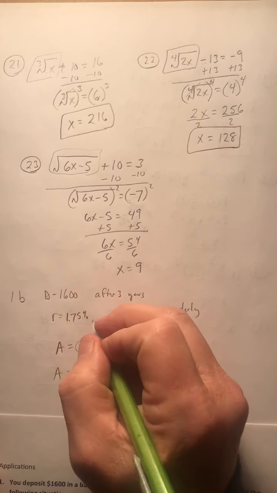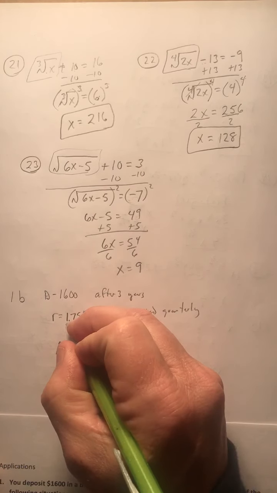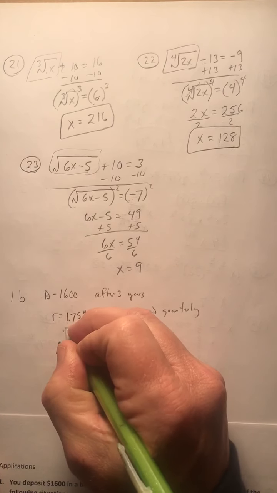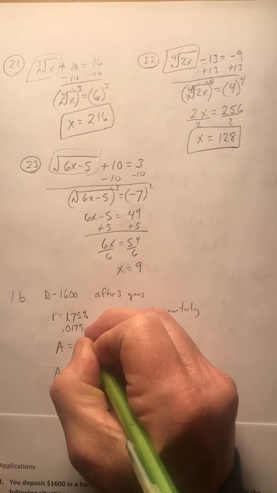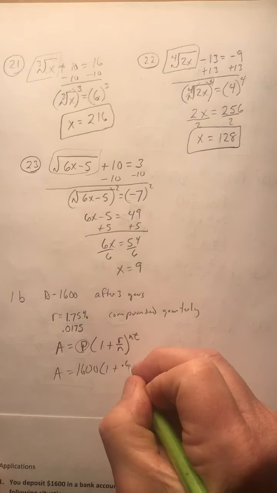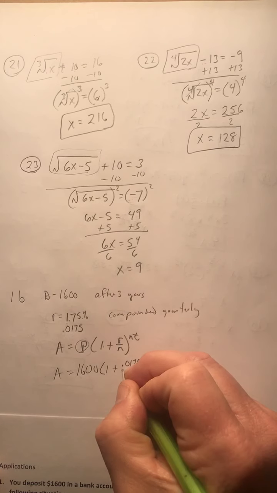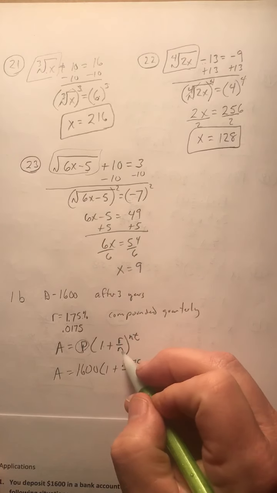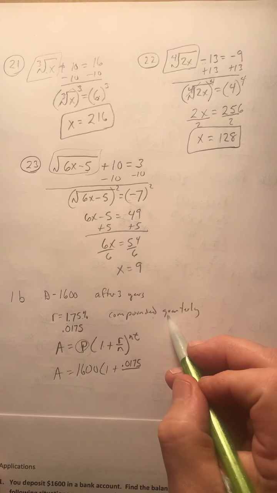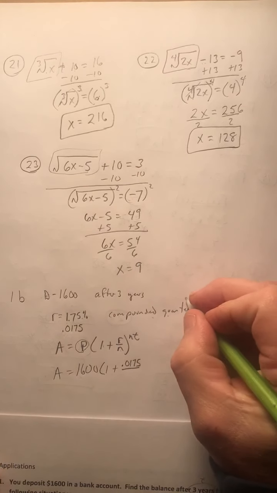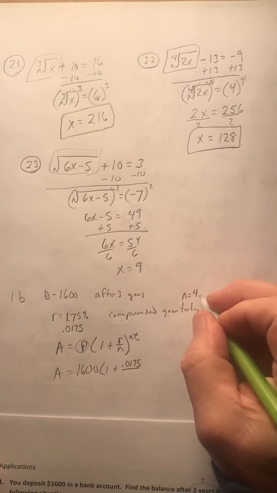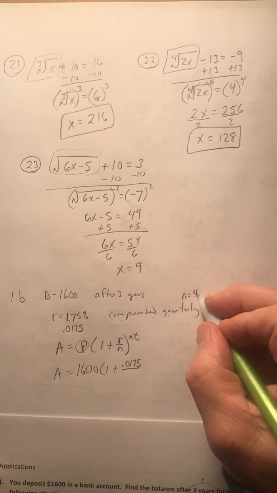So this rate is 1.75%, which we move over 2 places would be 0.0175 over N. Now N is the number of compoundings. When it's compounded quarterly, that means that N is equal to 4, or you're paid interest 4 times per year.